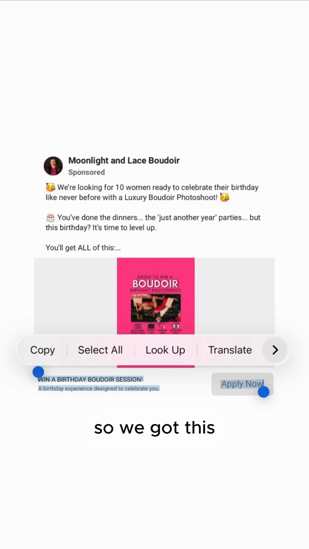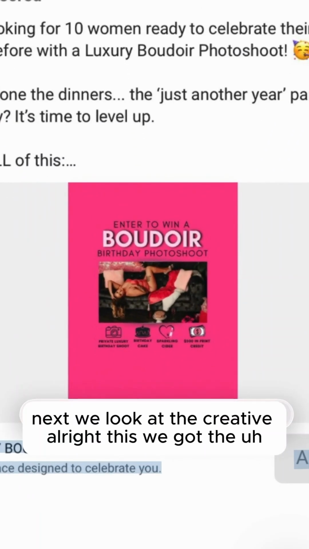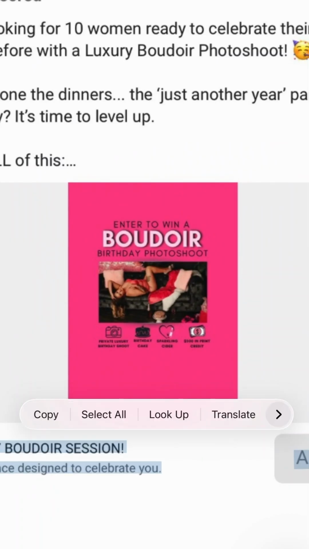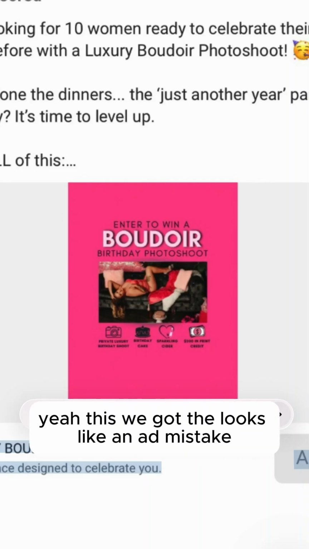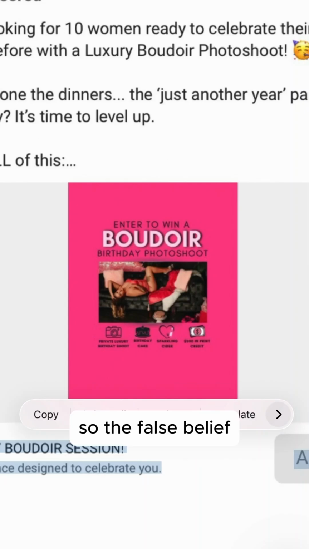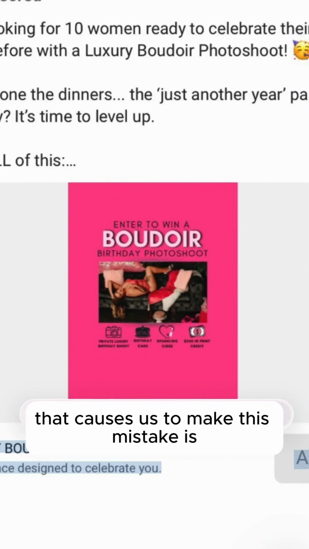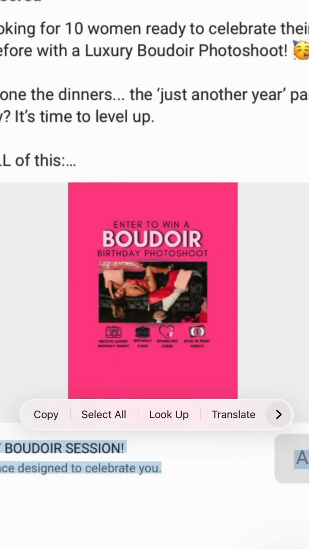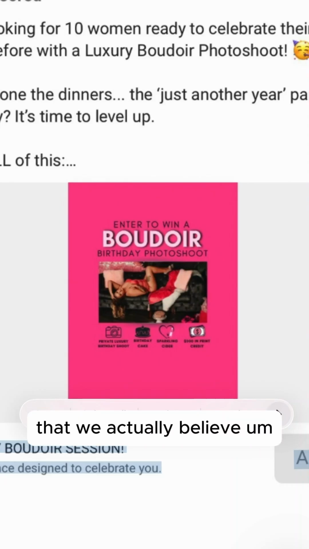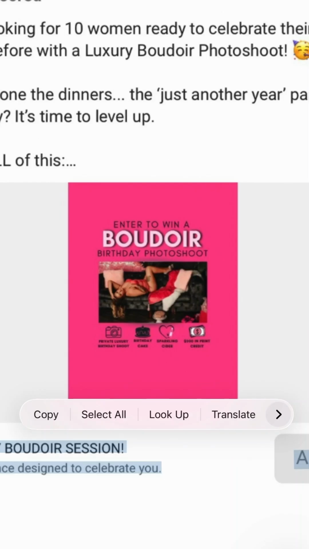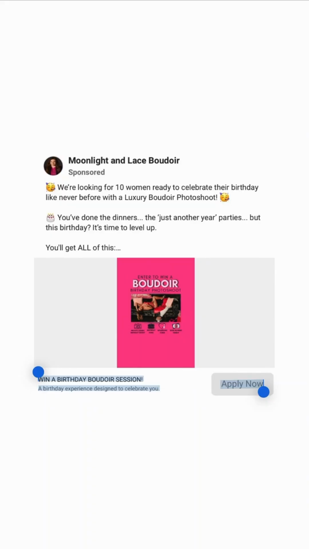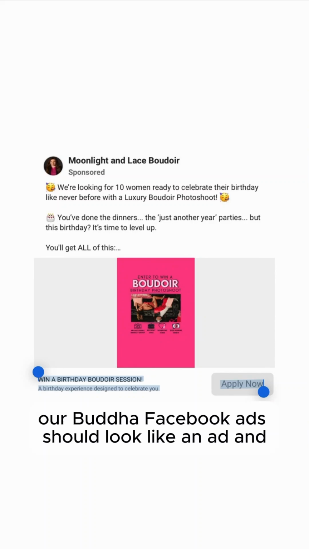So we got this. Next, we look at the creative. All right, looks like an ad mistake. So the false belief that causes us to make this mistake is that we actually believe our Boudoir Facebook ad should look like an ad.